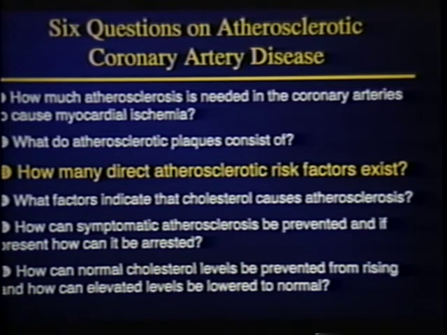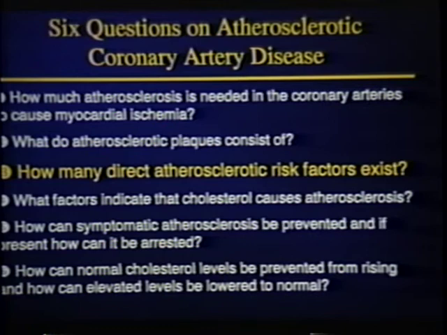Anybody? 1? 5. What 5? Hypertension. And you mean by direct that if you don't have hypertension, you can't get atherosclerosis? 1. Oh, you've changed your mind. They're 1. And which one would you choose?